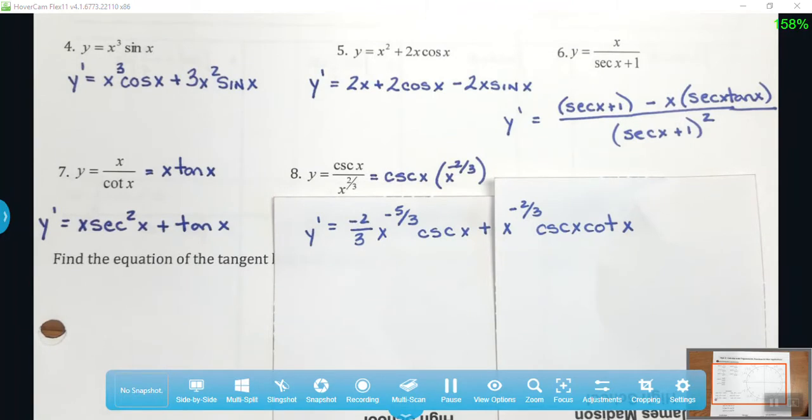Mine really, I just didn't feel like doing quotient rule. 7 is easier if you just make it x tangent x. Mine really looks dirty. Does yours look different?